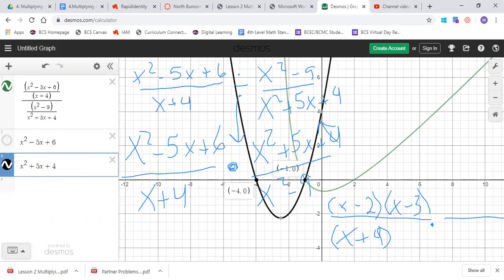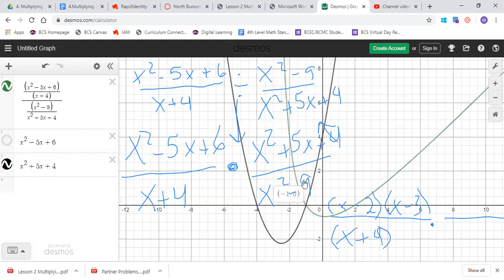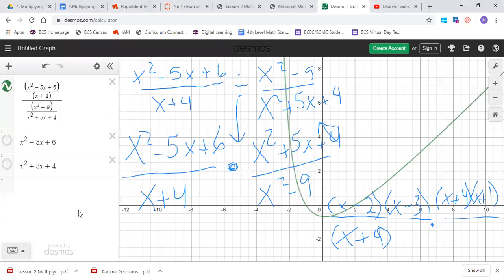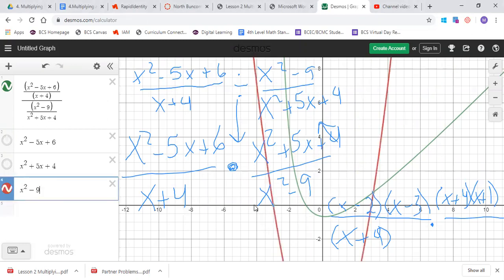So I'm going to write those: x plus 4, x plus 1. And then I'm going to follow that up by doing the last one, which is this x squared minus 9. Okay, find the roots on that, and we should get used to seeing some of these. So negative 3 and positive 3.